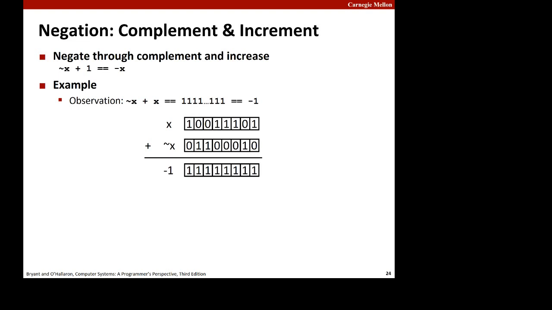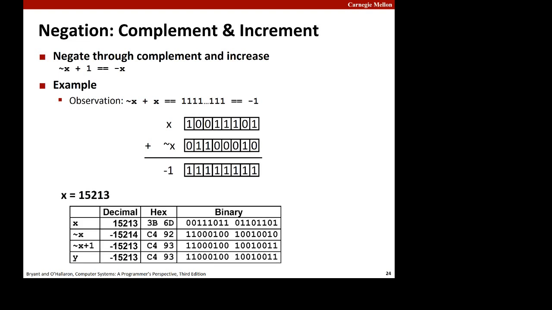So for example, if I wanted to negate the number 15213, you see that's its binary representation. If I complement that, if I take all the bits and bit by bit put the opposite value in, that's complementing it. And you see numerically that represents the value minus 15214.